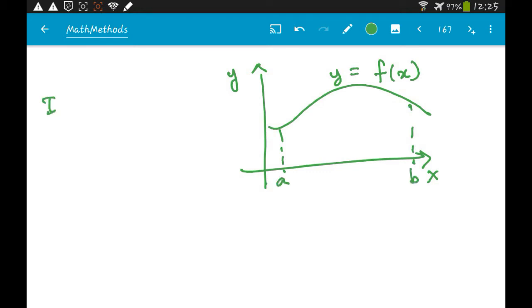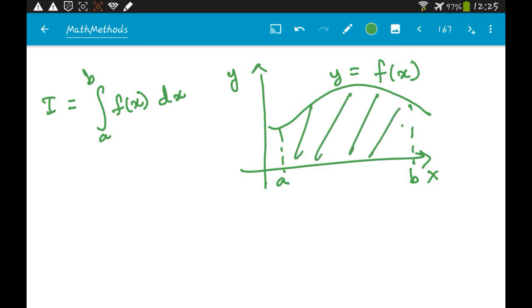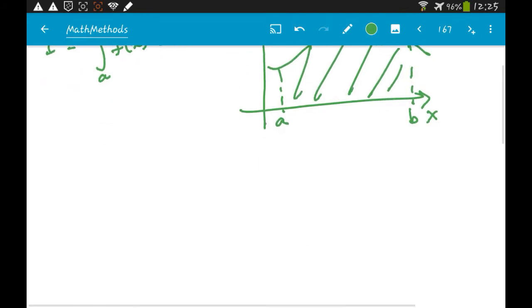You will basically just integrate from a to b f of x dx, and that will give you the area under the curve between these points. Now suppose we want volume.